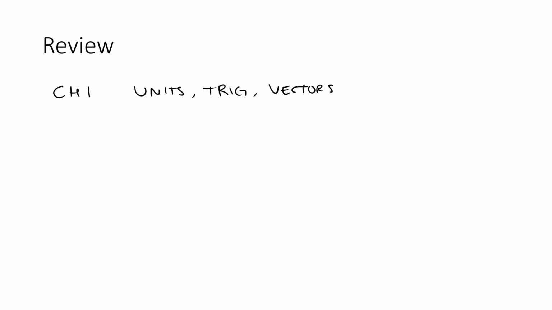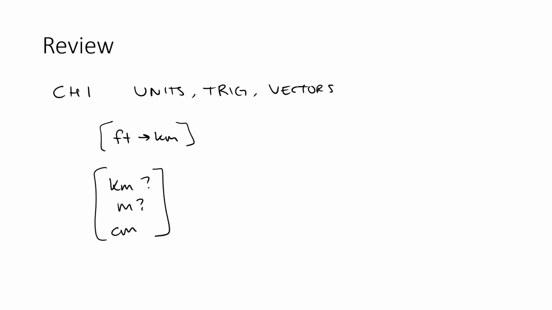So I'll just put up my examples. Feet to kilometers. How do you do that? Also, what do kilometers, meters, centimeters mean? You should know that. How do you go from one to the other? Trig review?